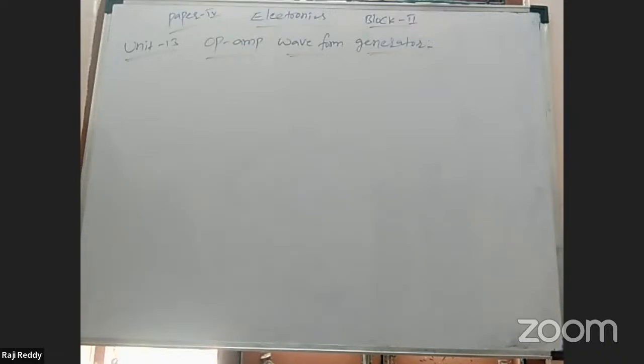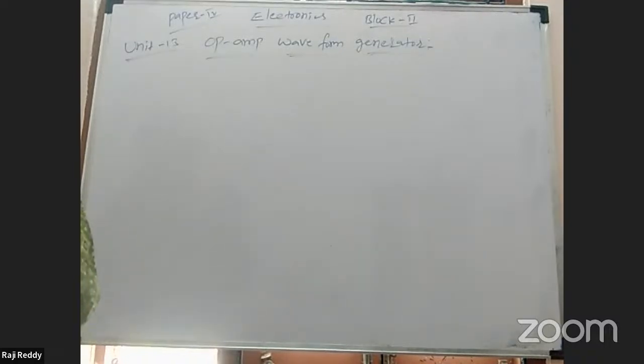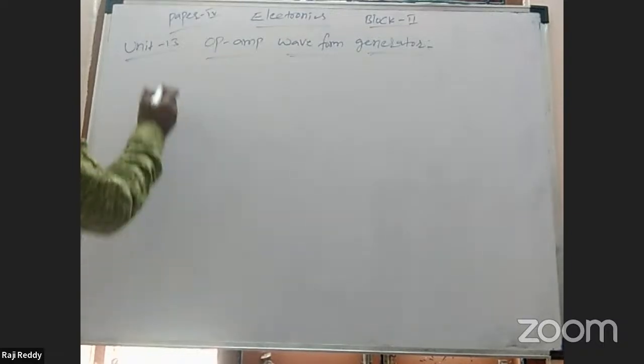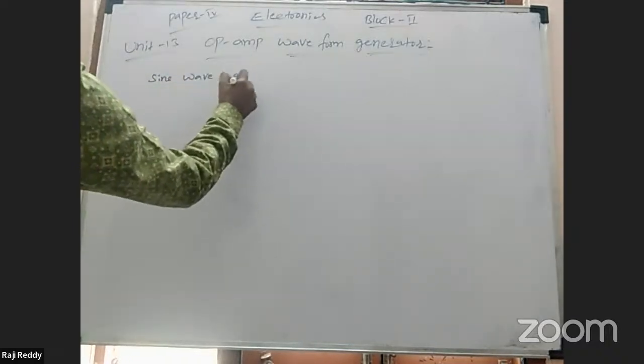In that, we'll take a sine wave generator first, then convert sine to square wave or any other formation. First, we are taking the sine wave generator.